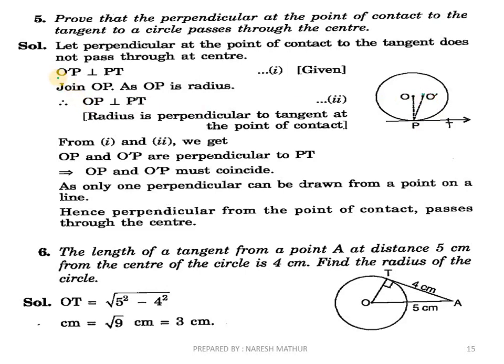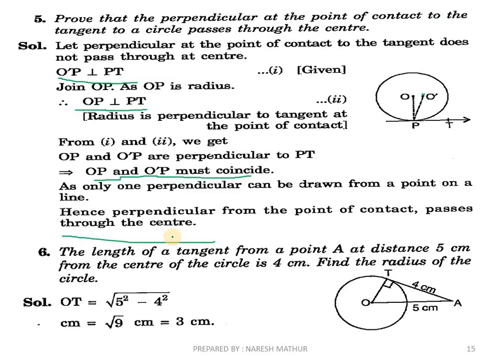So we can write O dash P is perpendicular to PT, and as it is given O is the center of the circle, so we can write OP is perpendicular to PT by theorem 10.1. Now see, O dash P is also perpendicular to PT and OP is also perpendicular to PT. This is possible only when OP and O dash P coincide. It means O and O dash must represent the same point. It means the perpendicular is passing through the center only.